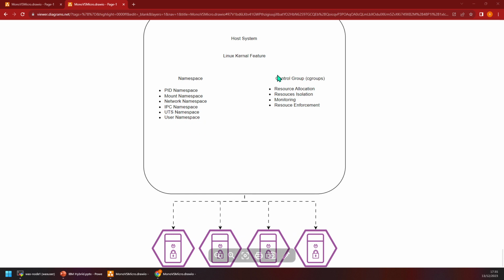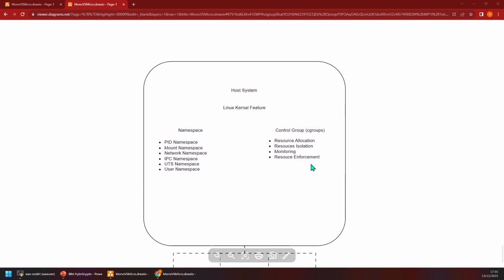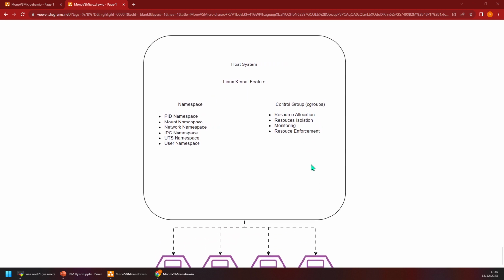And in terms of control groups or C groups, it monitors resource enforcement and allocation of resources like CPU, memory, hard disk drive, and so forth. And isolating those resources from other containers and from the host system is all part of the C groups. Now that you understood about this, I think you're ready to go a little more in detail about Docker and other components which Docker utilizes.